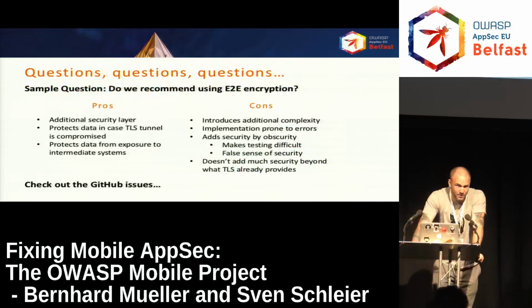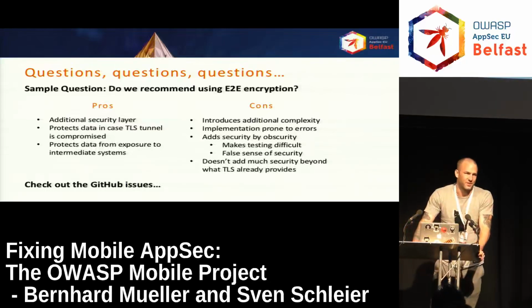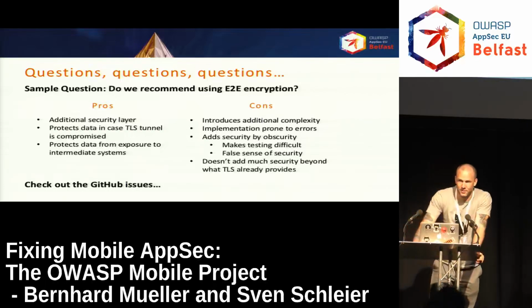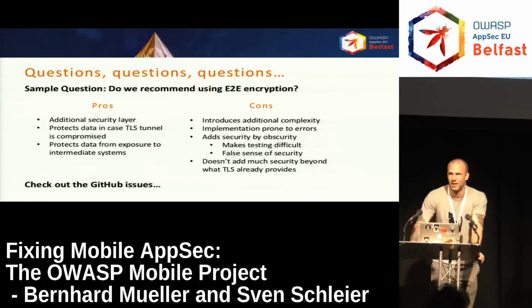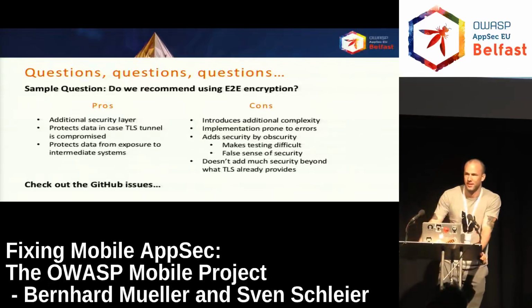And when we were discussing what the requirements are, there actually were a lot of questions that were not so easy to solve. One good example is end-to-end encryption. And we actually discussed this quite a lot on GitHub and Slack. And there are many different opinions if it's useful or not. So end-to-end encryption means that you layer a type of encryption on top of what you already have on the transport layer, like TLS.